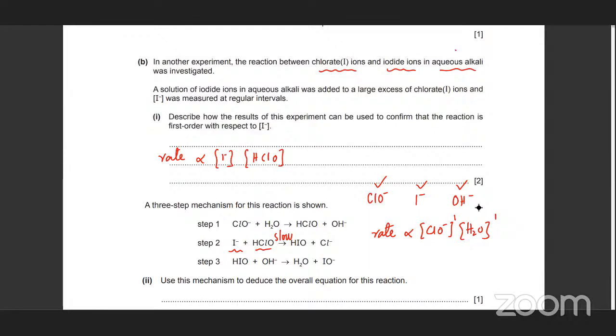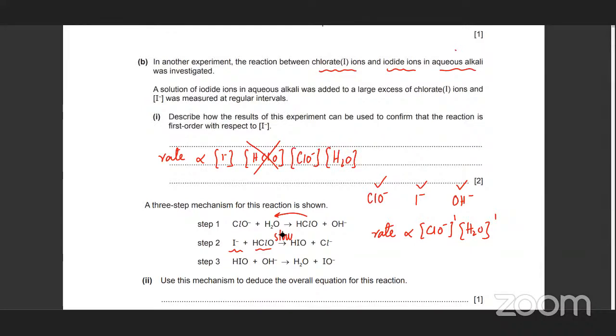Now HClO is an intermediate, because this HClO is itself dependent on the concentration of ClO minus 1 and H2O. So when we say that rate is dependent on HClO concentration, what we mean is that rate is indirectly dependent on ClO minus 1 and H2O concentration. Mariam, is this clear? Yeah.